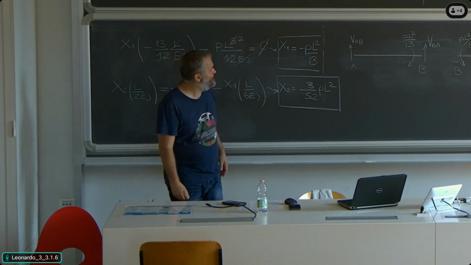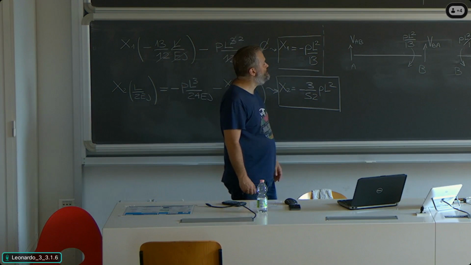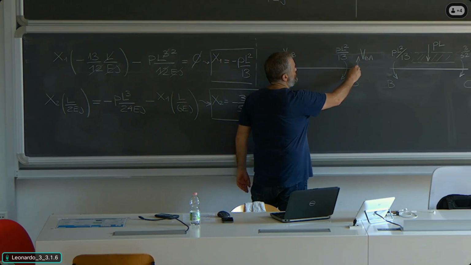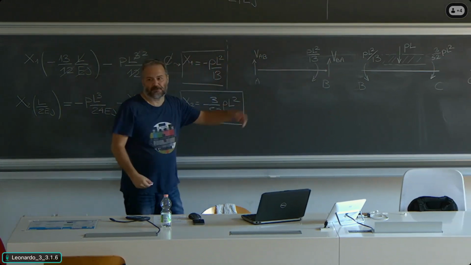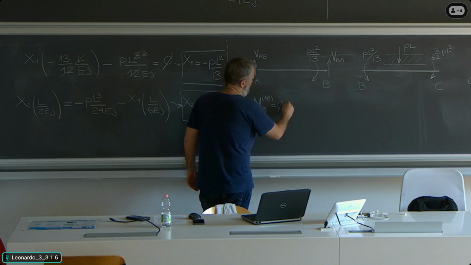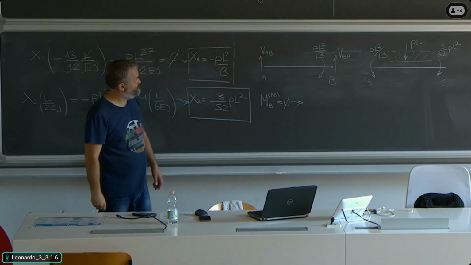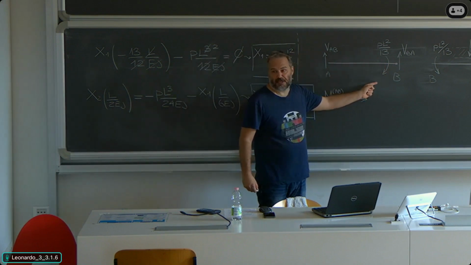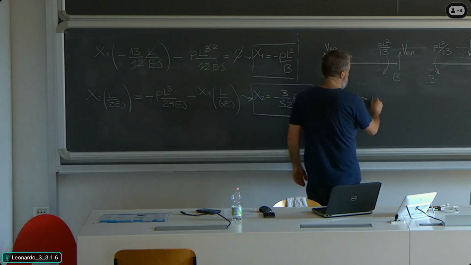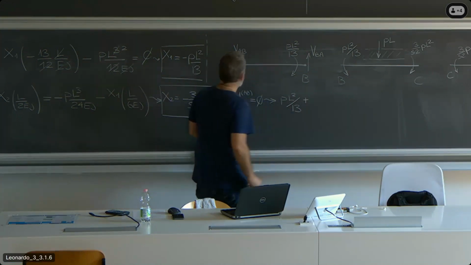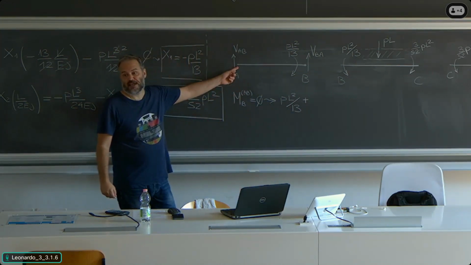Now, how to work out VAB? Most easy way is to look at the rotation equilibrium of span AB at point B. So, to say M with respect to B of AB is equal to 0. What do we have? We have a clockwise bending moment, which is PL squared divided by 13, plus the contribution of VAB, which is again clockwise.